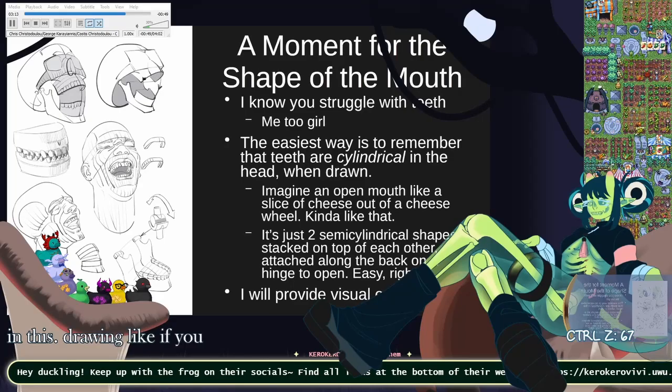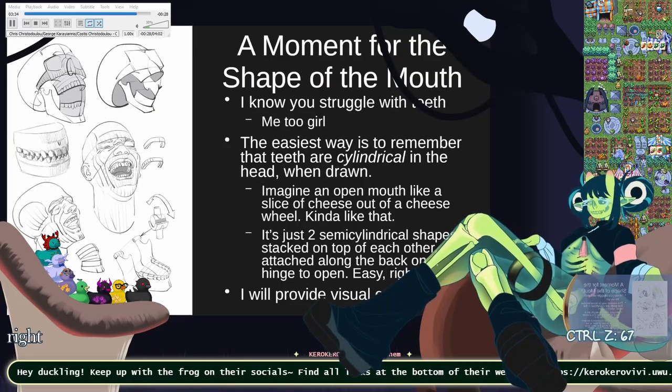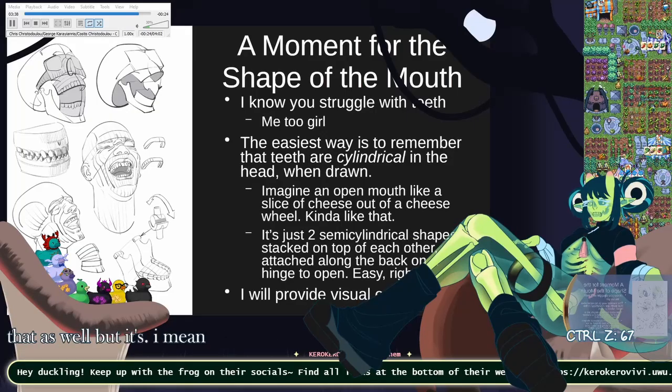If you look at them as two half circles, it's a lot easier. It's cylindrical in the socket of the mouth, right? And if we need a visual example, I can provide that as well, but I feel like this example is also really good.